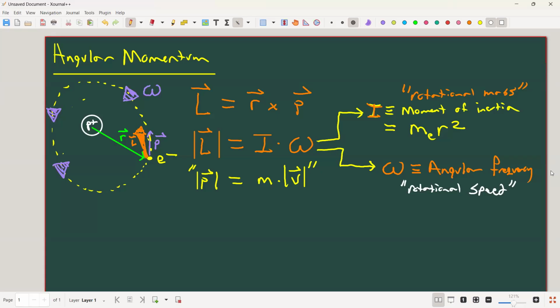When you're rotating, you can't just think about the mass, you have to think about the distance of the mass compared to the center of mass. So we can't just say that the mass of the rotation is just m, like we can with linear momentum. It has to depend on the shape of that rotation as well, because for constant angular momentum, you have two different frequencies for two different lengths.